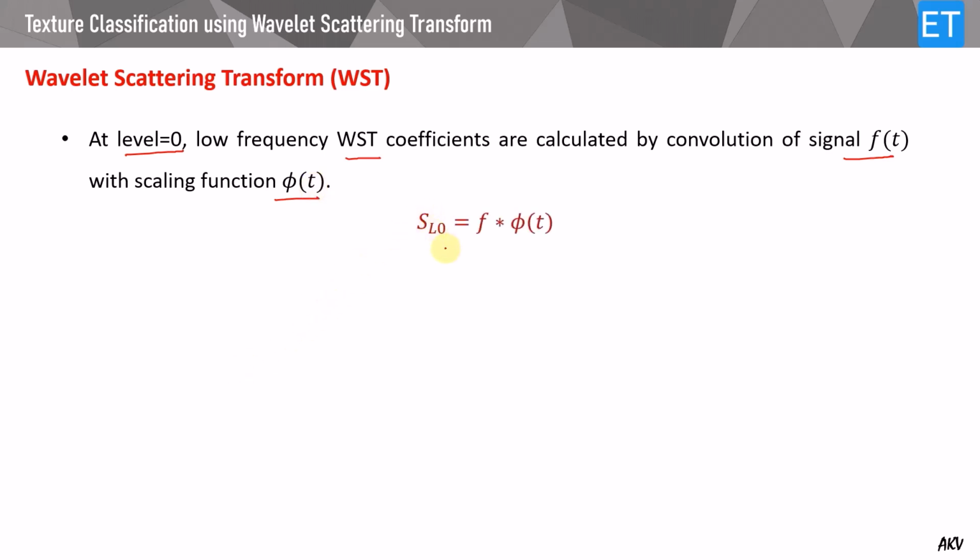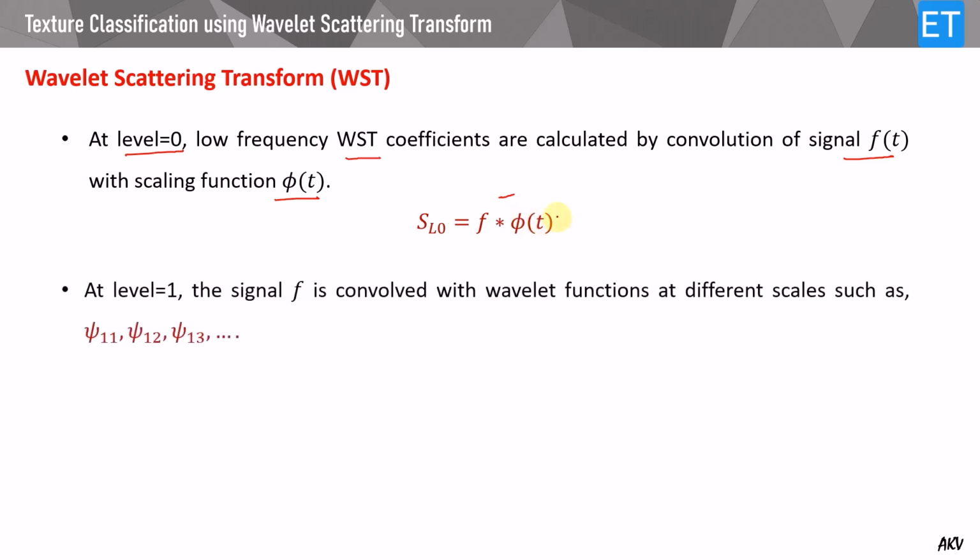So S0 scattering coefficients at level 0 are obtained by the convolution of your signal f with a scaling function phi t. At level 1, the signal f is convolved with the wavelet functions of different frequencies such as psi11, psi12, psi13. So this is the convolution of your function f with psi11, psi12, psi13 and so on.